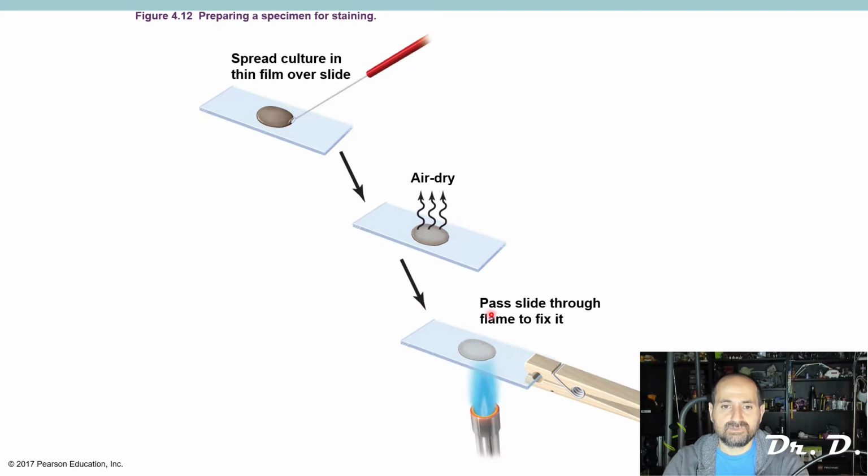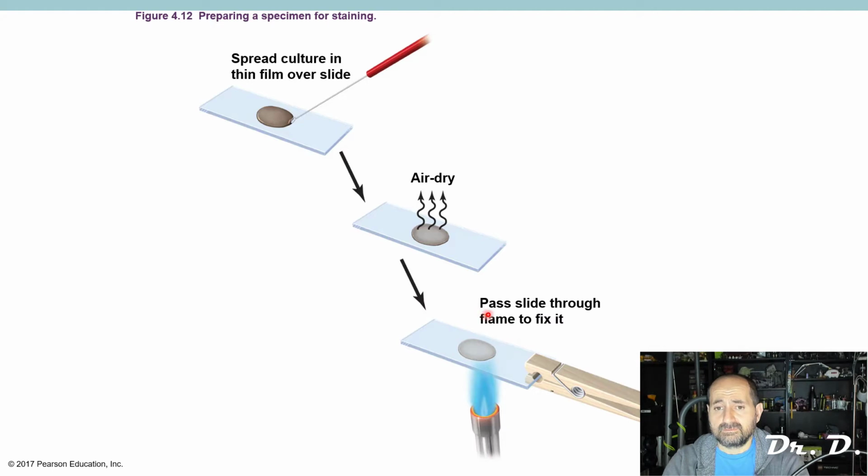That's why we do the next step, called heat fix, where you pass the slide really quickly across a flame. Remember in aseptic technique, we discussed passing things across the flame.